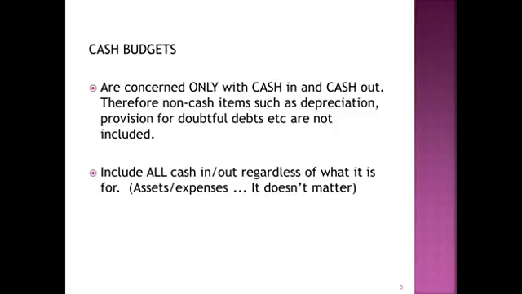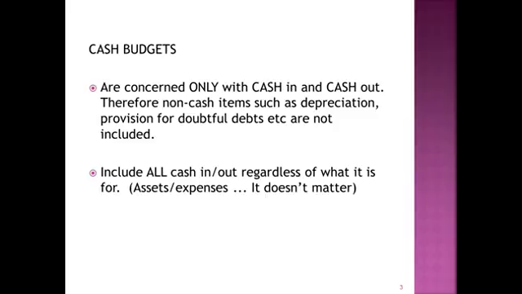Now, cash budgets are only concerned with cash in and cash out for a particular period in time. Therefore, non-cash items such as depreciation and provision for doubtful debts are not included. So what we want to drill down to are just the cash coming in and the cash going out for that particular period. We include all cash in and cash out regardless of what it's for.